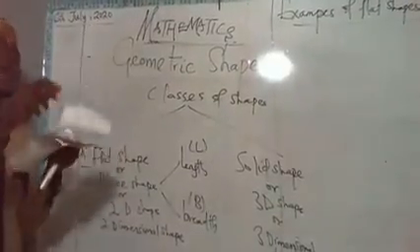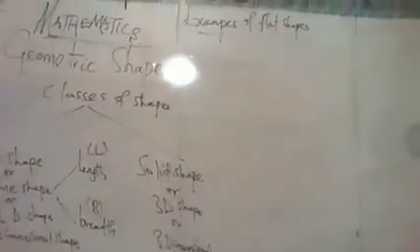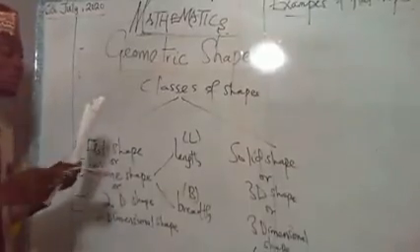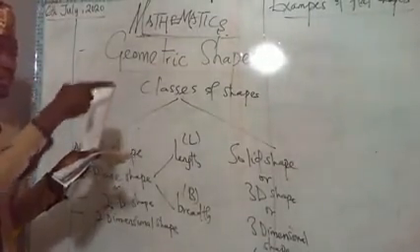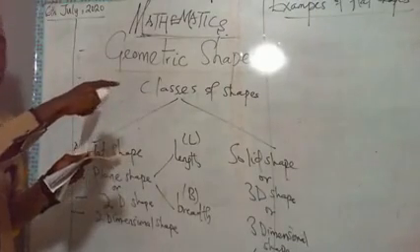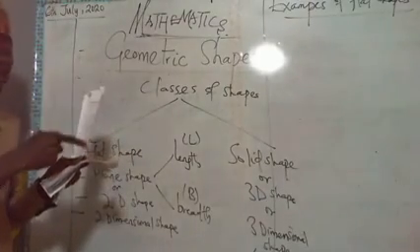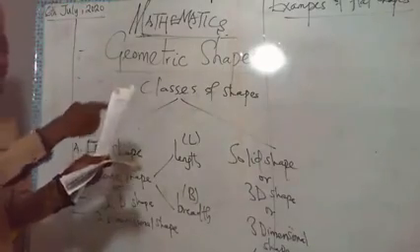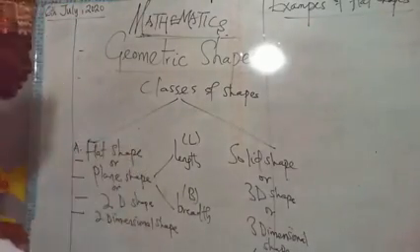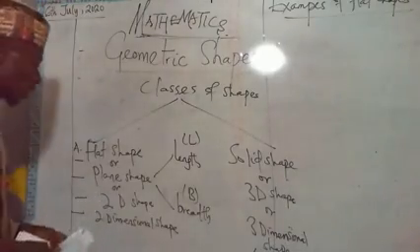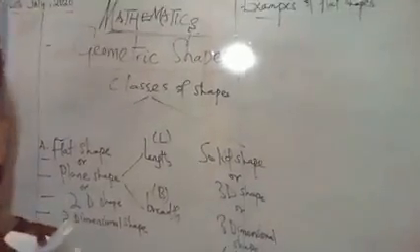This is a flat shape because number one, it is flat. Number two, it has two dimensions. This is the longest one, which is the length, and the second one, which is the breadth. The length is longer than the breadth. Likewise, this side, the length, the breadth. So that is why we call this a 2D shape or plane shape.